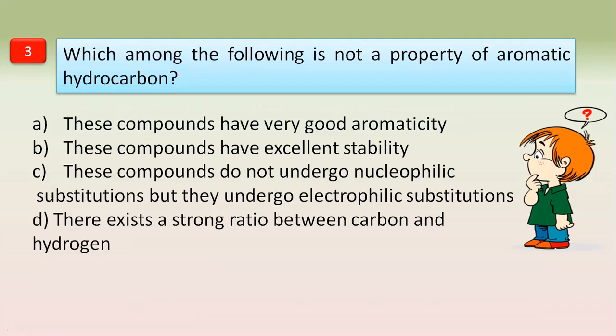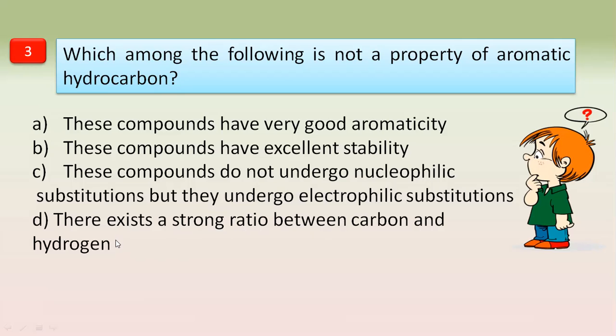Which among the following is not a property of aromatic hydrocarbon? Aromatic compounds have good aromaticity. The compound has excellent stability. They do not undergo nucleophilic substitution reaction, but they undergo electrophilic substitution reaction. And there exists a strong ratio between carbon and hydrogen.